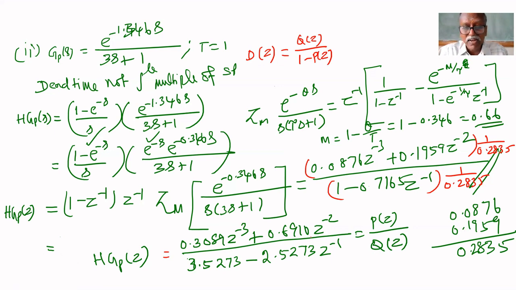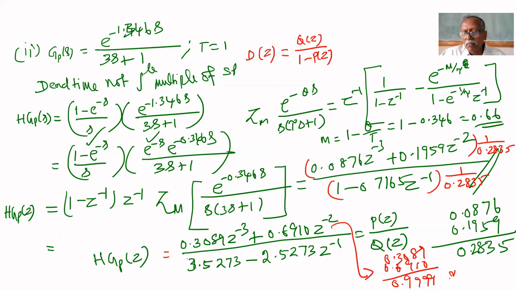Here, if you add these two, we are getting 0.9999. So the sum of coefficients for P of Z, 0.3089 plus 0.6910, gives 0.9999, that is approximately equal to 1. Therefore, the numerator can be called P of Z.